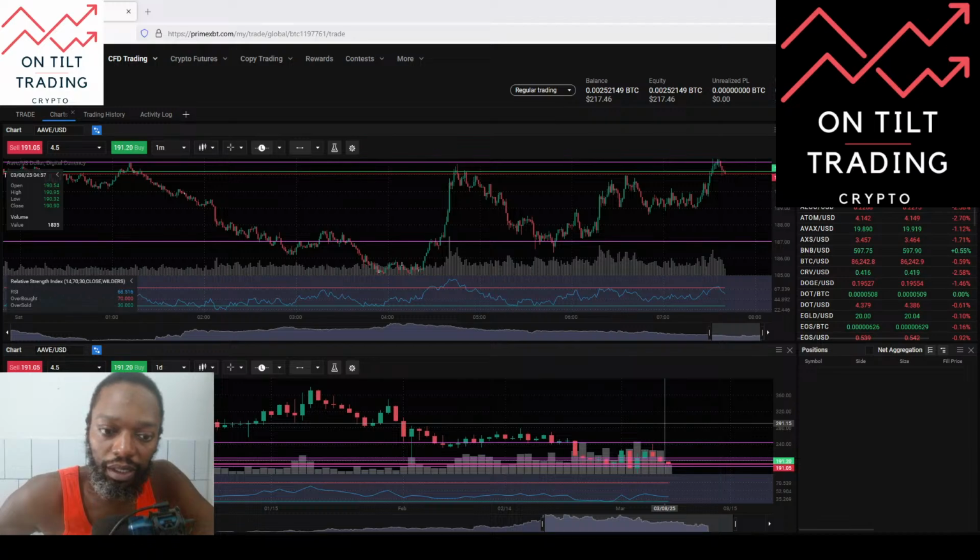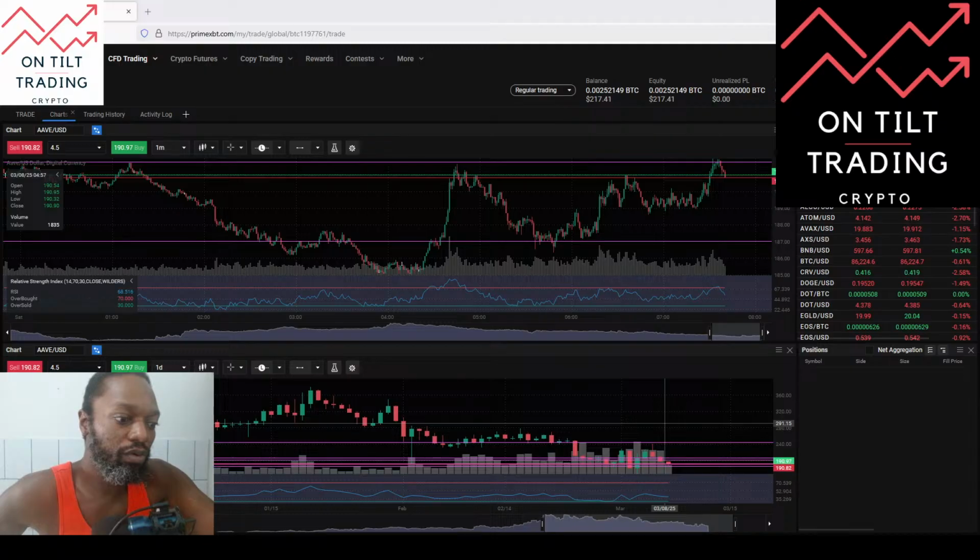So right now, the way that I'm making trade decisions based on RSI, I'm looking for currency pairs that are closer to the extremes of 30 and 70.